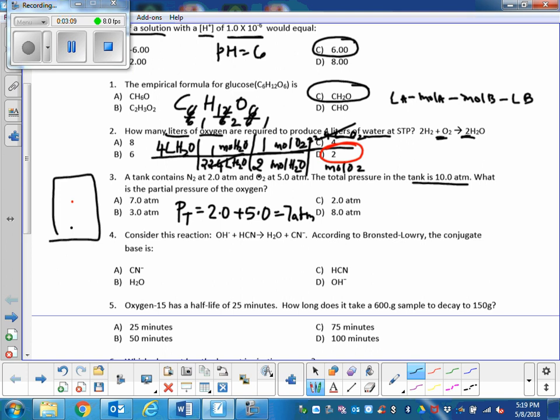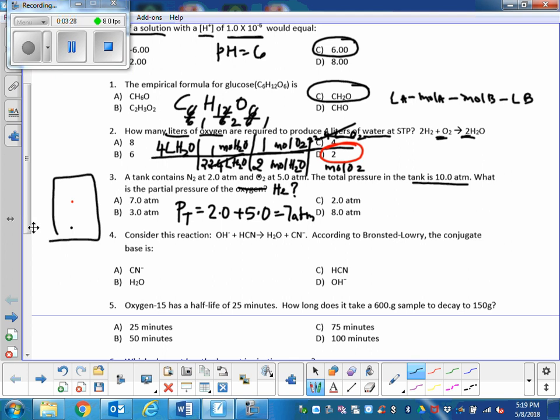There should be a third gas. Let's say it's another third gas, helium, and we want to know the partial pressure of helium.